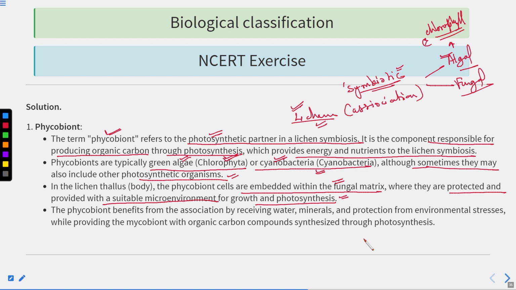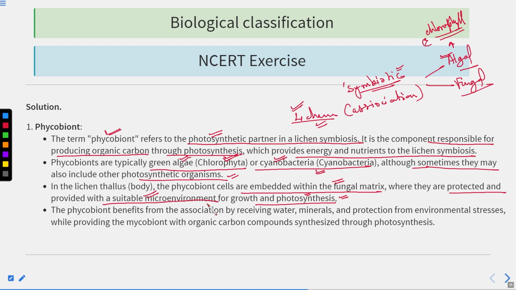So the fungal component keeps them deep inside. There is an upper covering made up of the fungal component, and below that there is an algal zone where these algae are kept. That makes a very good environment for the algal component, and there they can do photosynthesis.